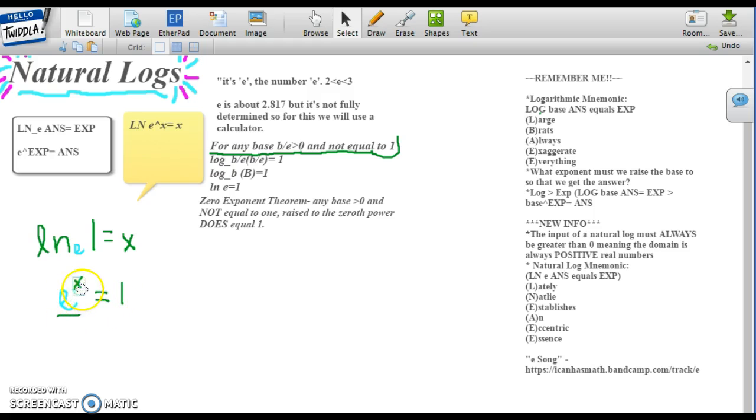So since e to the x power equals 1, then we must know that x has to equal 0. You can check that in your calculator.